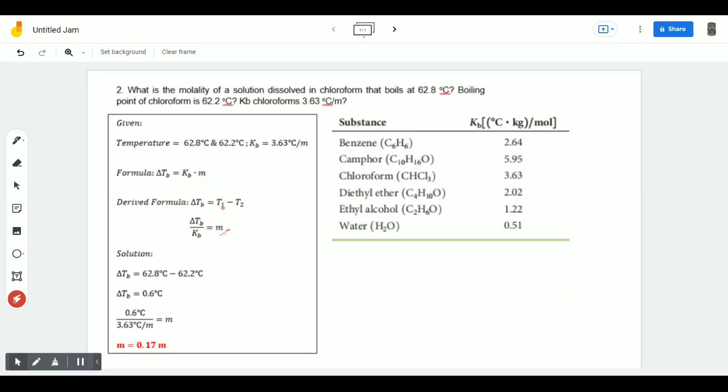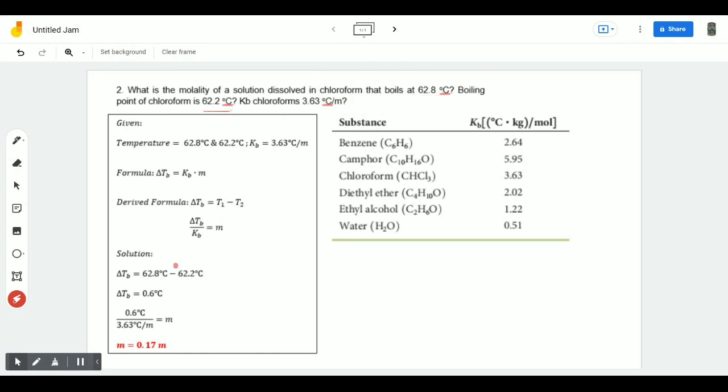Then, para mahanap naman si boiling point elevation, since given tayo ng dalawang temperature, yung temperature ng chloroform or yung boiling point ng chloroform at nung nagboil siya kasama yung solvent or yung temperature ng buong solution, which is 62.8 degrees Celsius at 62.2 degrees Celsius.